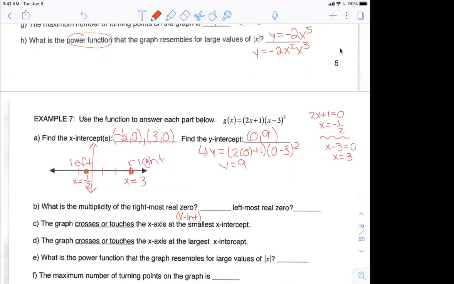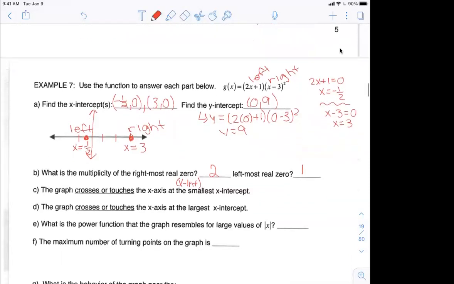If I go back and label that in my problem, because it helps keep me organized, this is the right, this is the left. So what is the multiplicity of the rightmost? The rightmost is the x minus 3. Its exponent is a 2. The leftmost, when there is no exponent, that's just an exponent of 1.